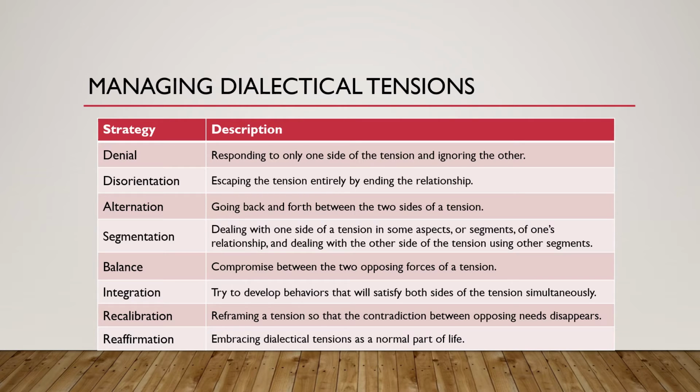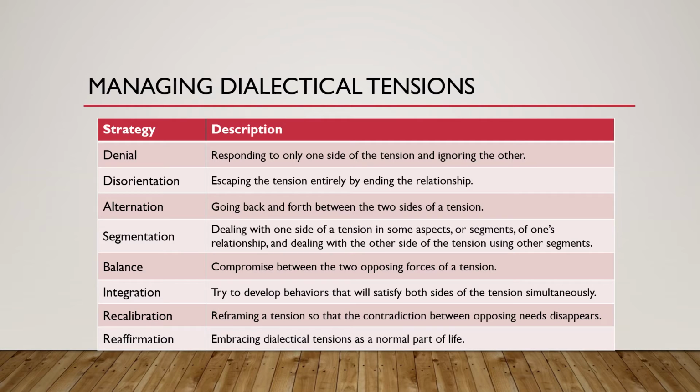So I don't get in and hack into your social media, or I don't have the password to your phone. So there's certain segments where there's complete openness, and there's certain segments where there's more closedness, more privacy. And so that would be segmentation. So segmenting out different areas of the tension, or different areas of the relationship, different situations, and choosing which of those segments is going to preference which side of the tension.